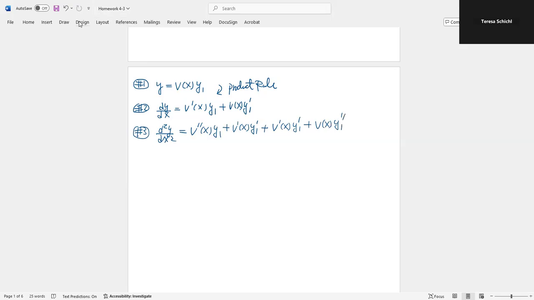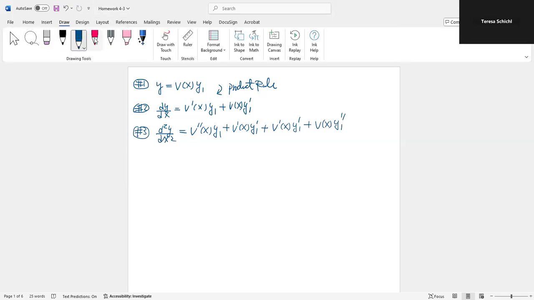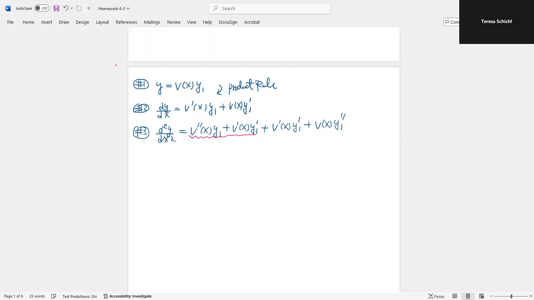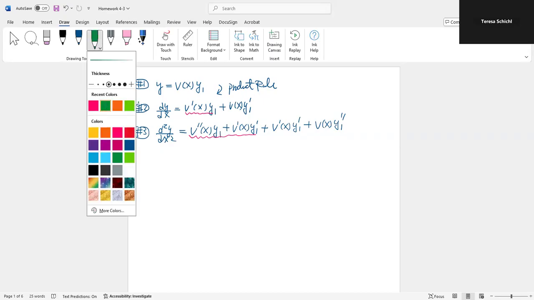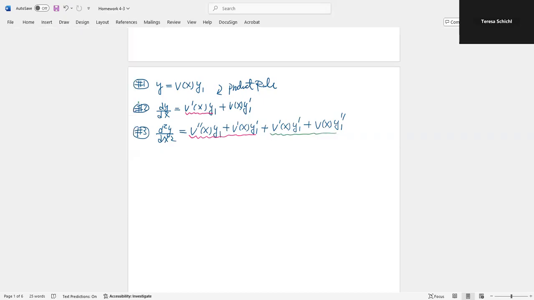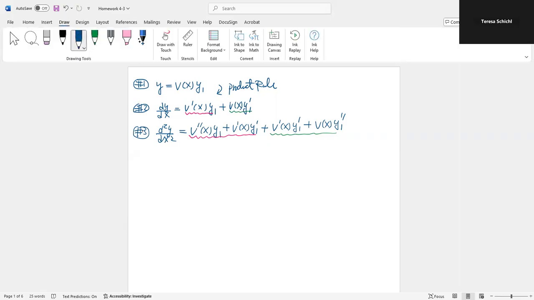Let me use a little color here. This part is the product rule of this one. We need to be a little careful about the algebra.